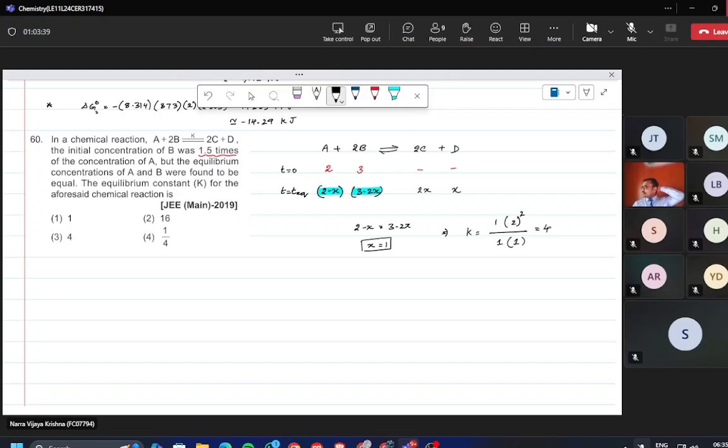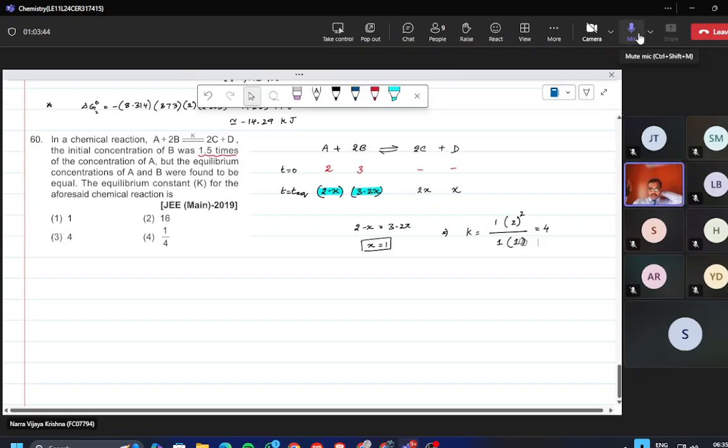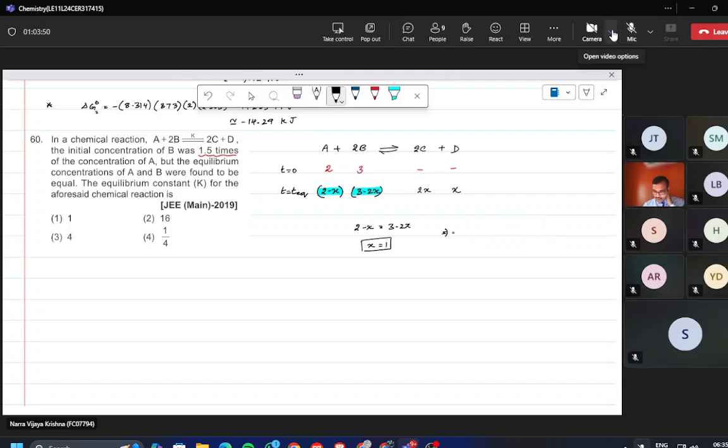Next. Number of moles gone. This one. Okay, let me write it. K equals concentration of C square into concentration of D upon concentration of A into concentration of B square. Correct?